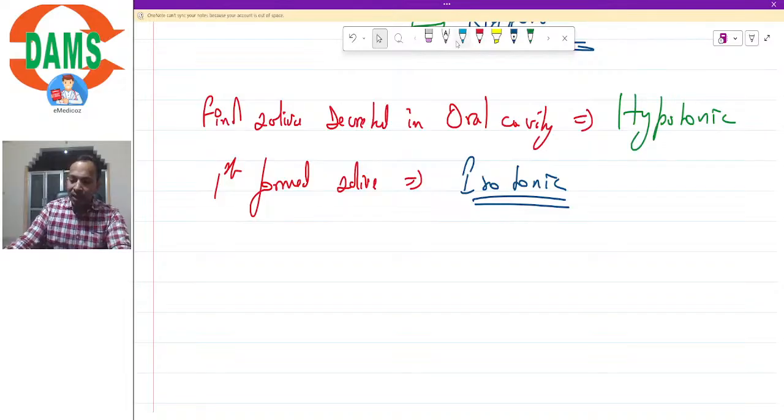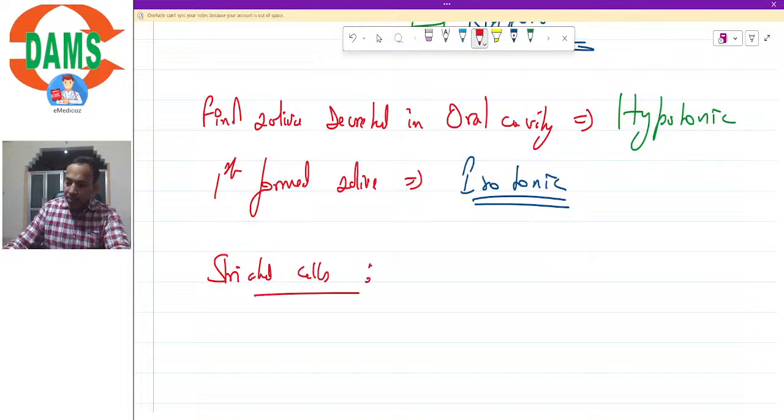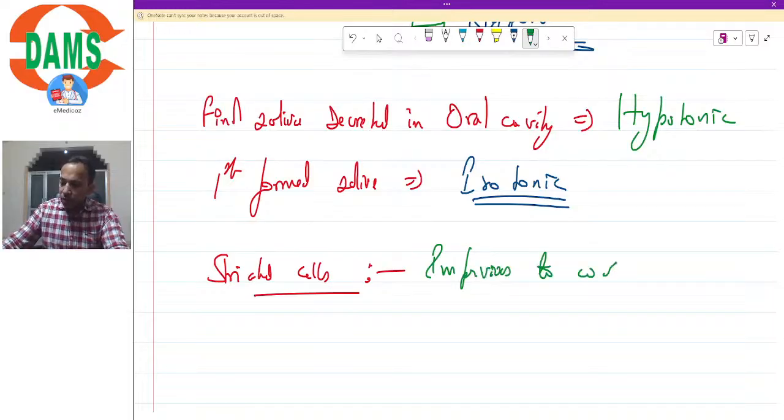And these striated duct cells are impervious to water. That is why when sodium and chloride are reabsorbed from the first formed saliva, the water does not follow.